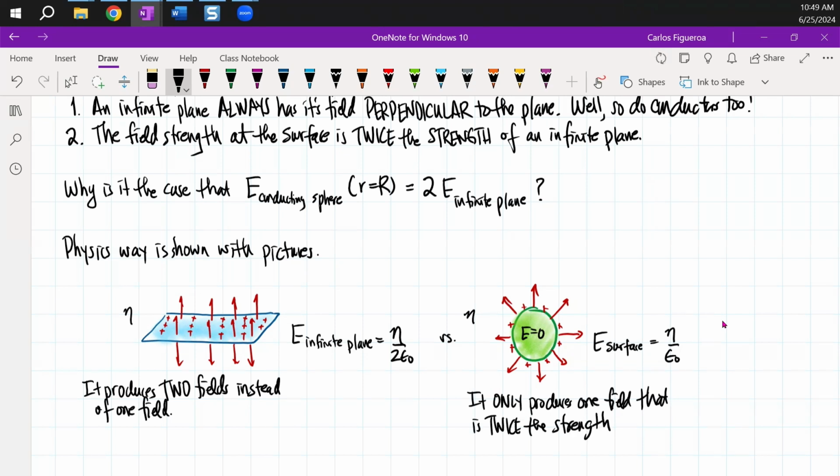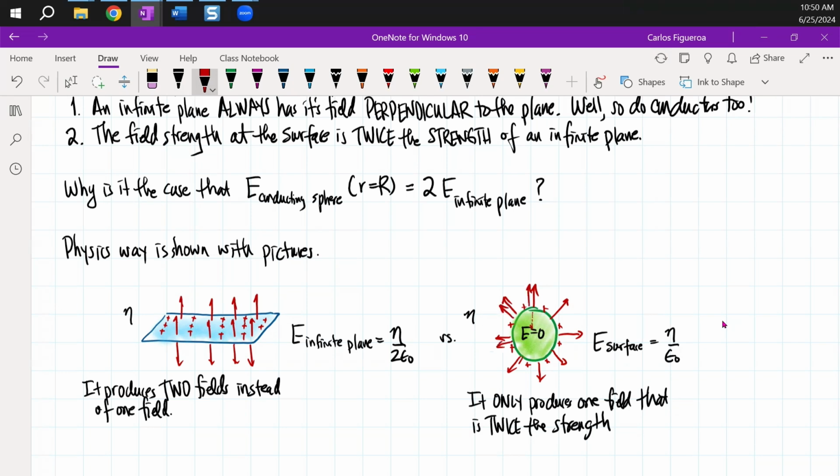So what I mean by that is that you could imagine that if they both have the same amount of charge density, it's like I'm taking the same field, but now because I can't have an E field inside, I take this E field that was here initially, and then I start doubling it.